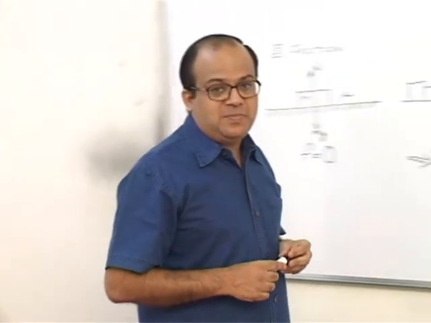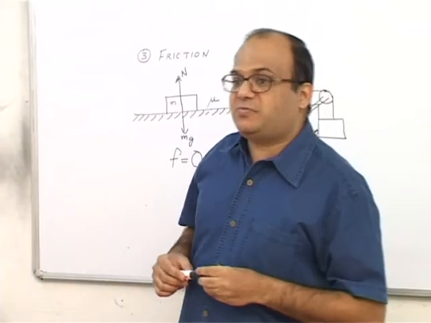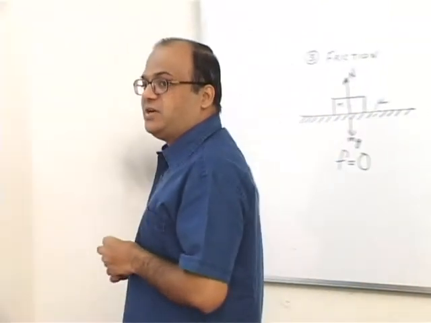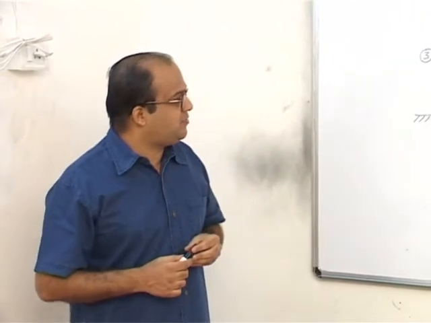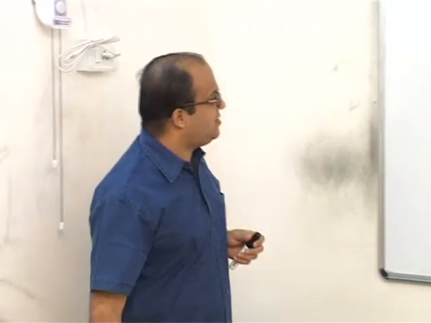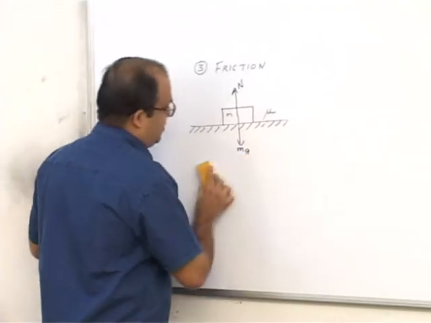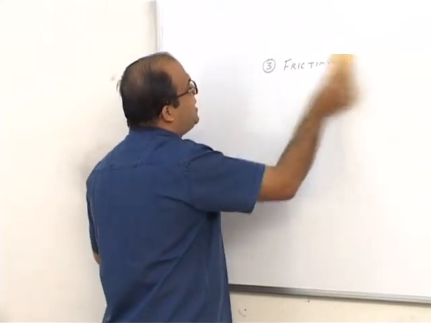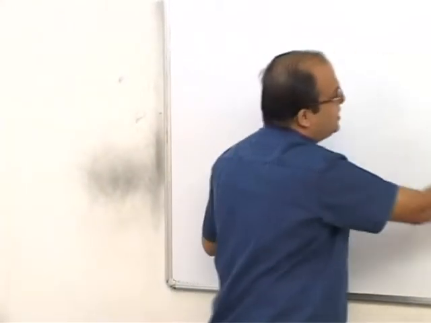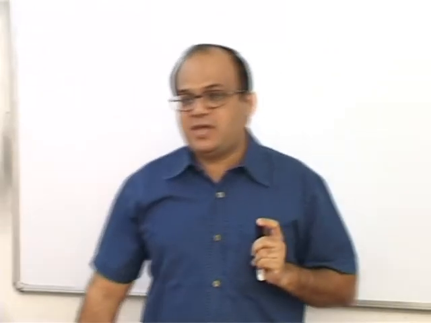However, in a problem, a smooth surface means a frictionless surface, and a rough surface means a surface with friction. But remember, if a surface is made perfectly smooth, then friction will become very, very high.